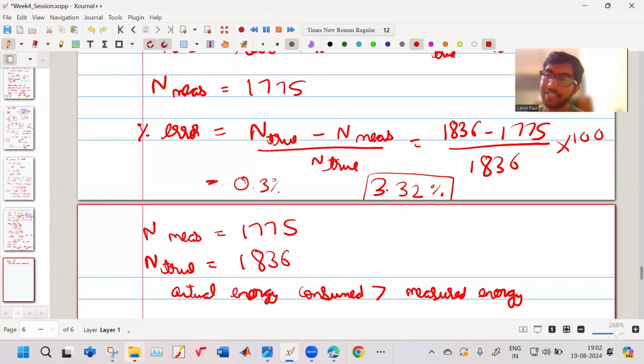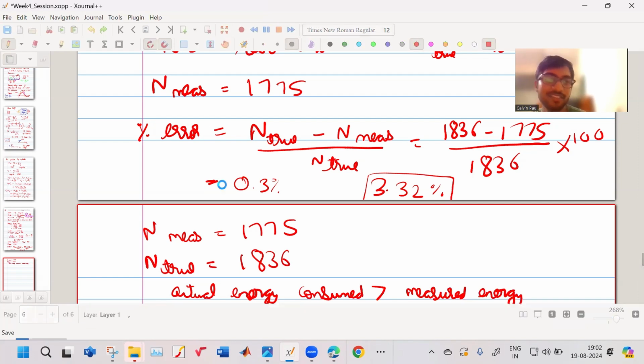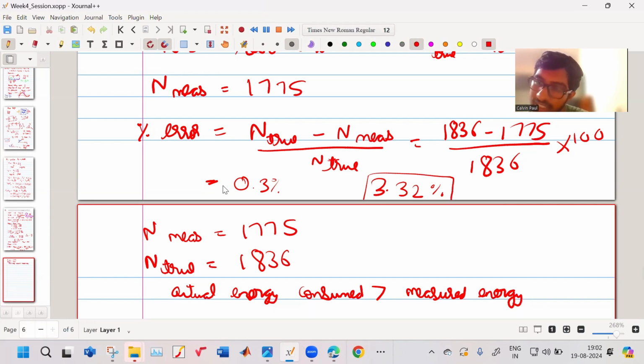So if you guys in your house, would you want such an energy meter? Yes or no? As a joking matter, you can tell yes or no, why, everything. We have an energy meter where the actual energy consumed is more than how much it is measuring.